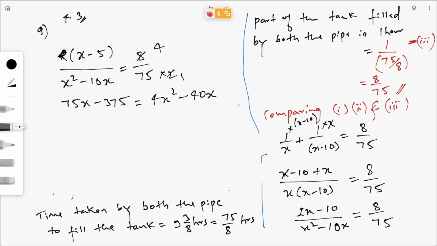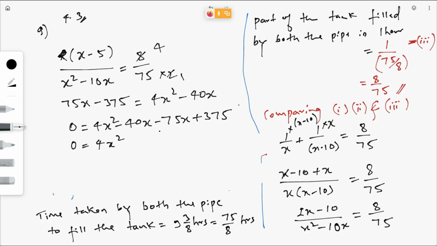Okay. Now take these two terms to the RHS. 0 is equal to 4x square minus 40x minus 75x plus 375. How much will you get here?